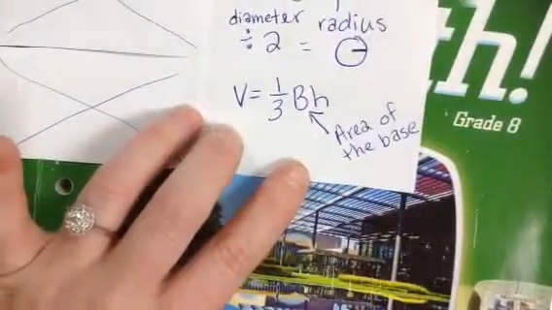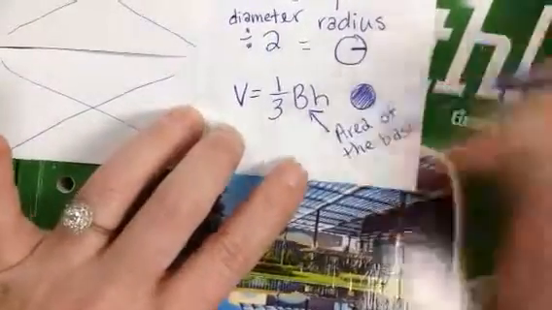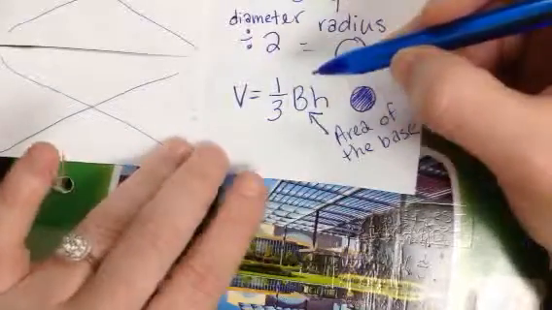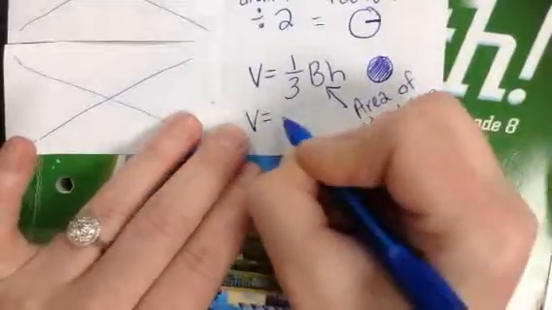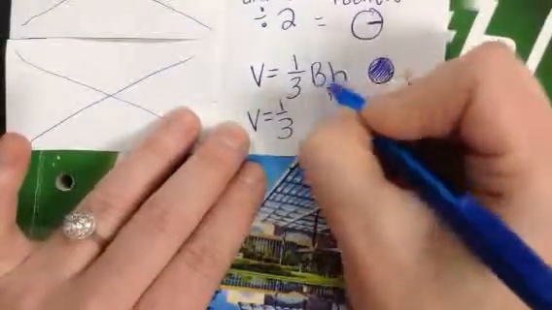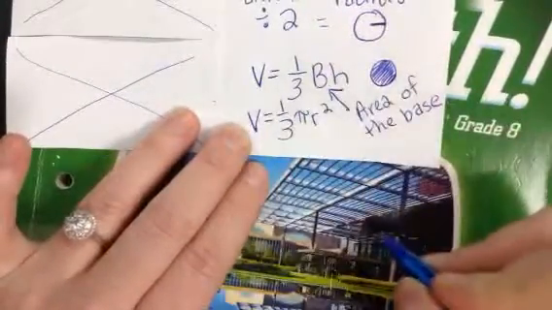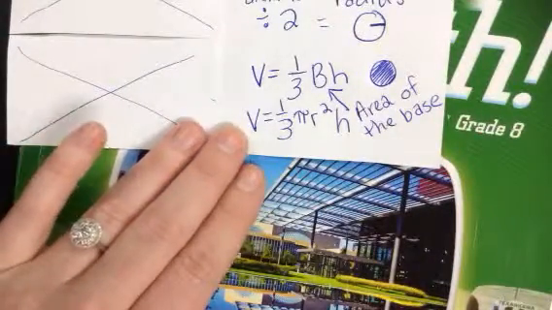So if we're talking about a cone, the base of the cone is a circle. So you have to revise this formula to make it get the area of that circle. So I'm going to bring down V and I'm going to keep the 1/3. To get area of a circle, my chart says pi r squared h. Okay.